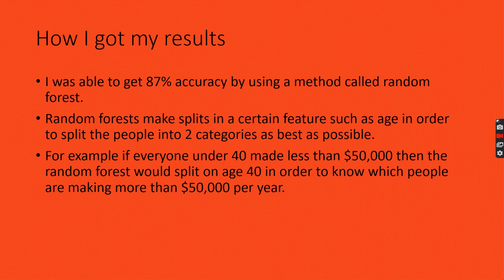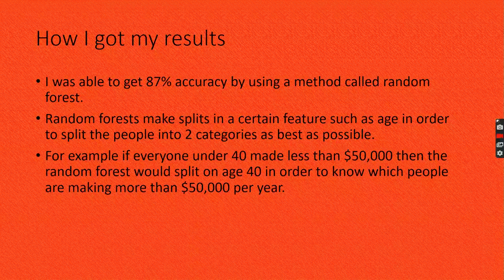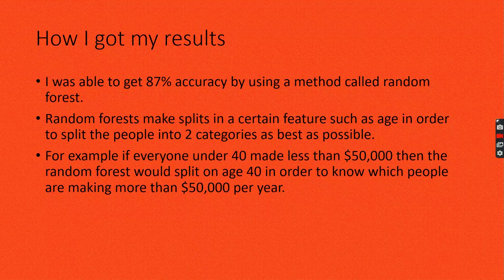And the way that I got my results was I used some random forest models, which basically are decision trees. If you've ever heard of a decision tree, it's where you make certain splits on the numerical range in order to go from the randomness to the least amount of randomness.